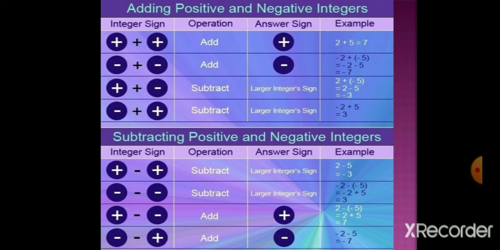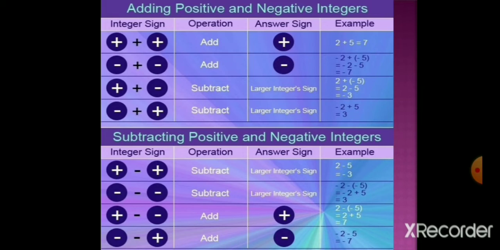Then look at the subtraction. When you are subtracting two positive integers, you have to subtract and give the larger integer's sign.